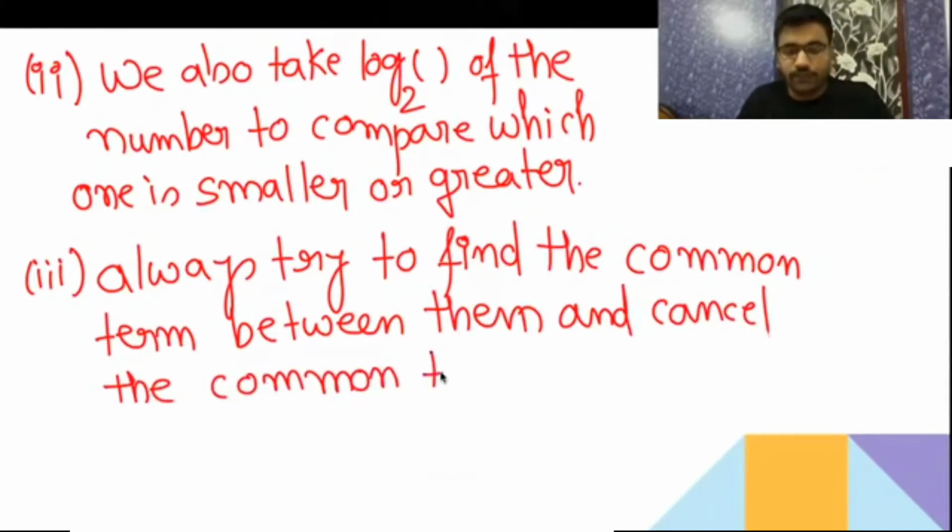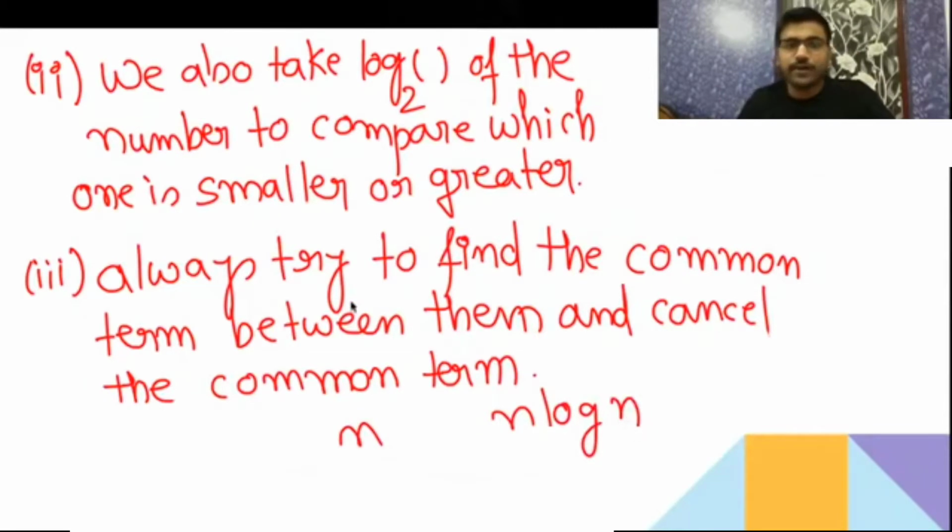So if they have given you two functions, like n and another n log n, the common term is n, so cancel that. It is like 1 and log n, so you know that log n is going to be the greater in that way.